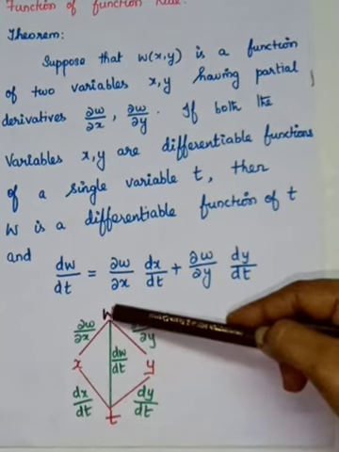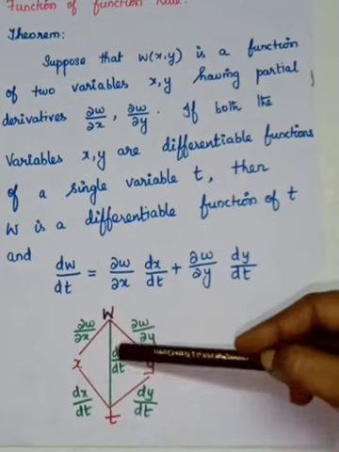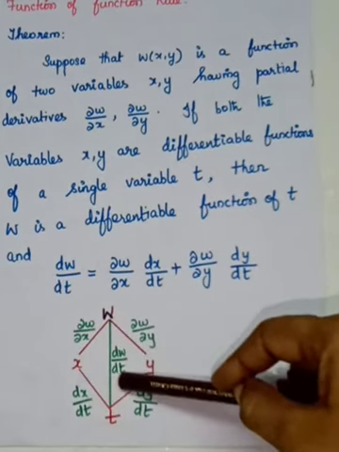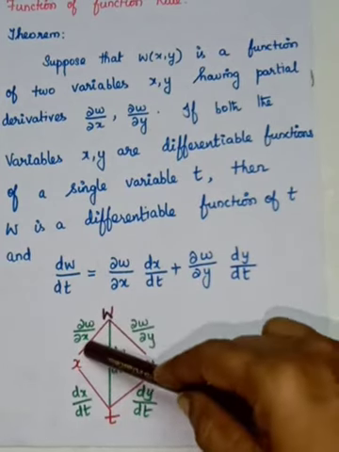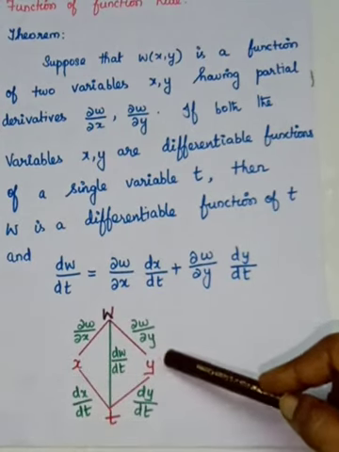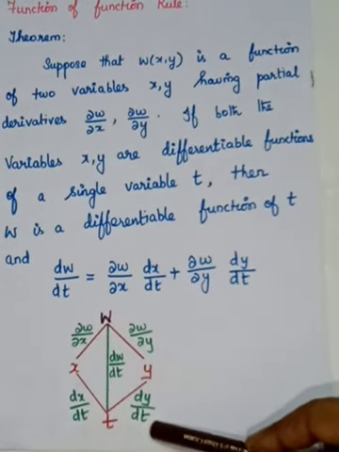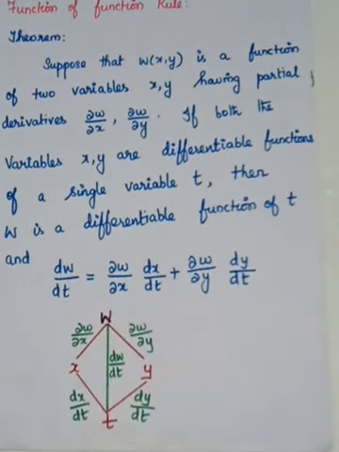So now you write the relation between w and t: dw by dt is equal to dou w by dou x into dx by dt plus dou w by dou y into dy by dt. That is given in the theorem.